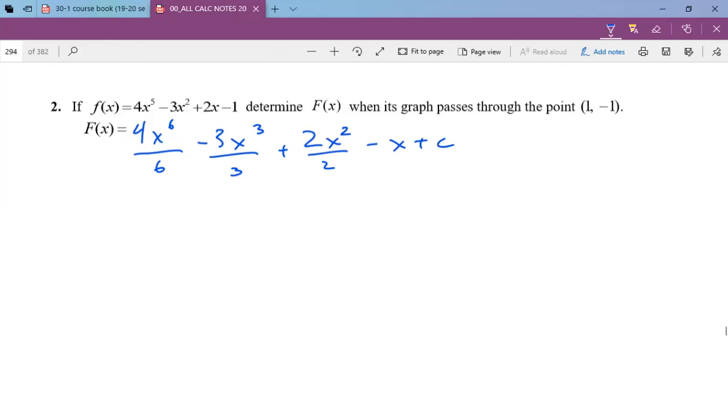We can just simplify and clean this up a little bit: 2x to the 6 over 3 minus x cubed plus x squared minus x plus c. This is going to pass through 1 and -1.